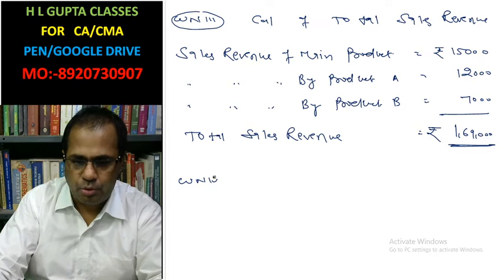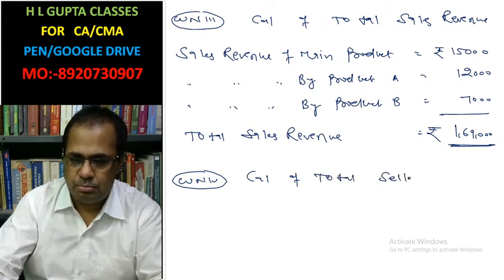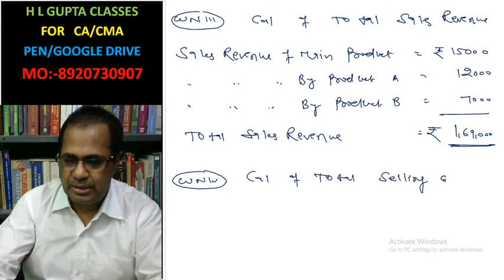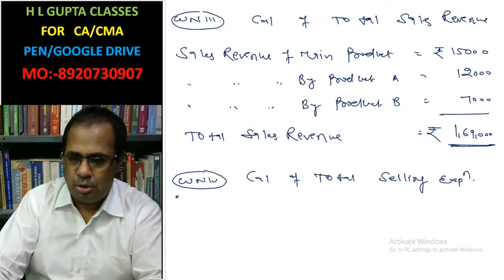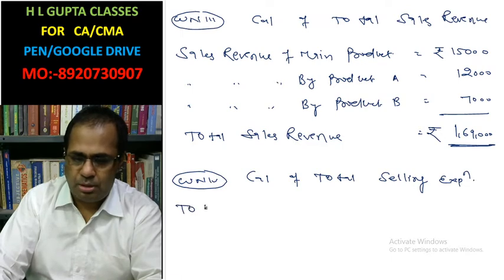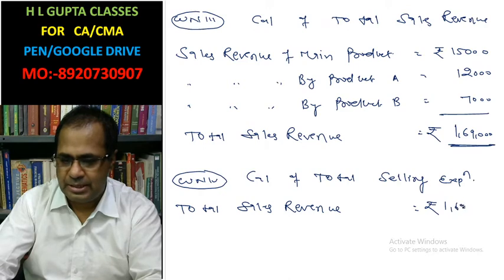Working note 4, calculation of selling expenses, calculation of total selling expenses. Sales revenue, total sales revenue, rupees 1,69,000.